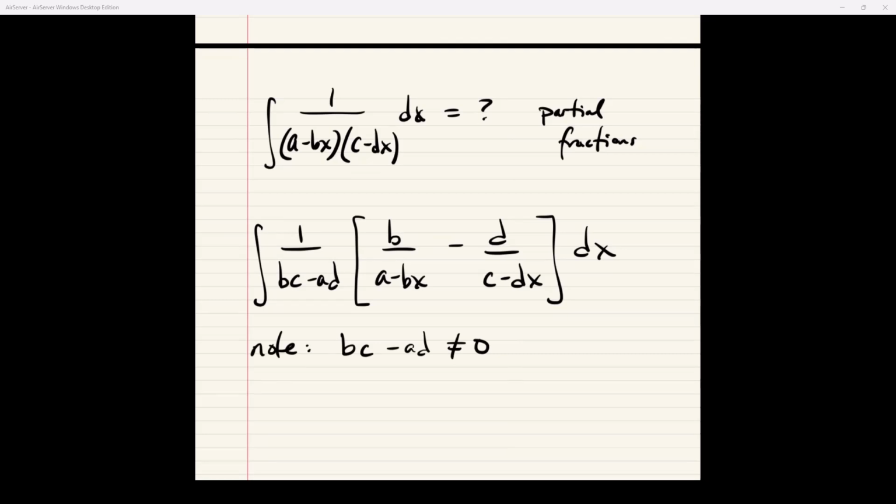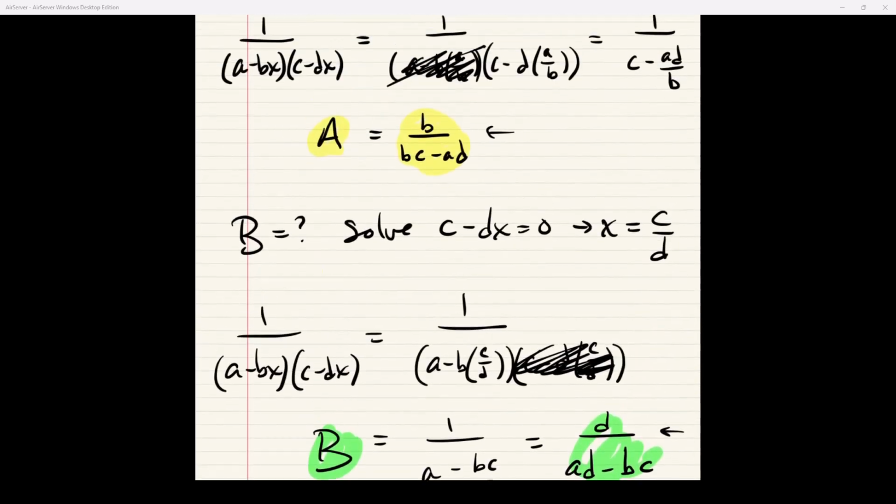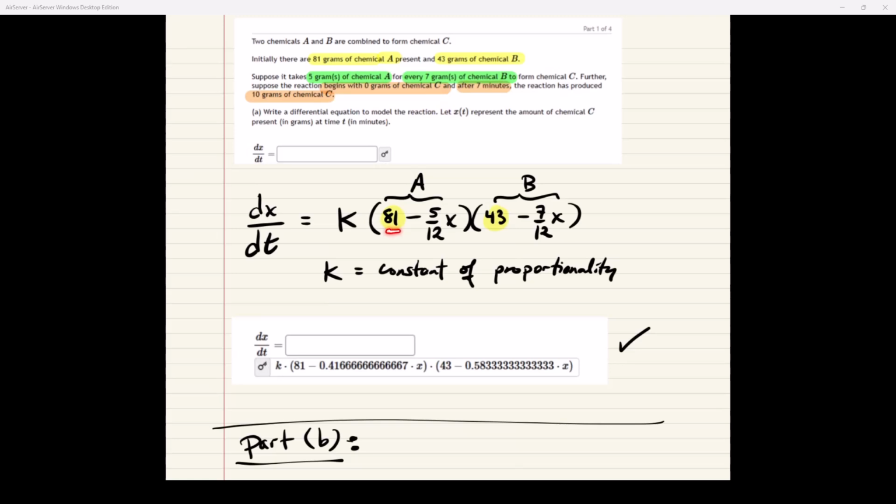And actually right now is a good place to point out, from the physical conditions of the original problem, the assumptions in the original question, that chemical C is increasing through the combination of chemicals A and B. I also know, let me just go back to the original statement, that we're beginning with some amount of chemical A and some amount of chemical B, and they're going to decrease over time.